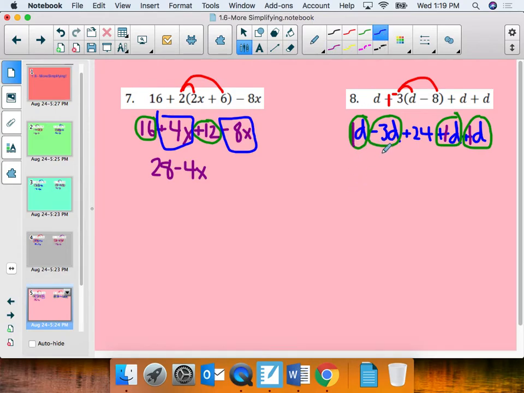So if I combine these two first, 1D minus 3D is going to give me negative 2D. I still have my plus 24. And then on the end, I have 1D plus 1D, which would give me positive 2D.